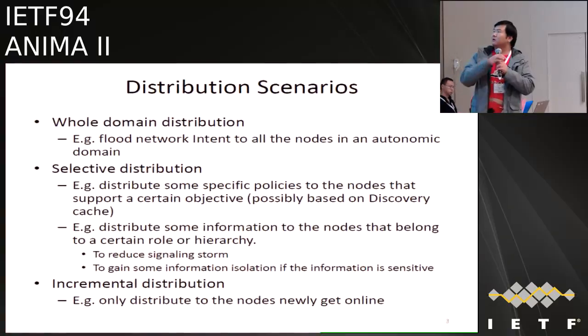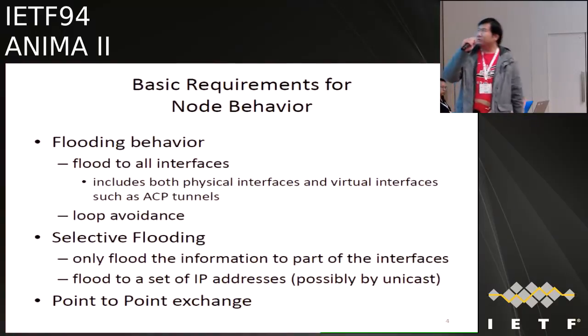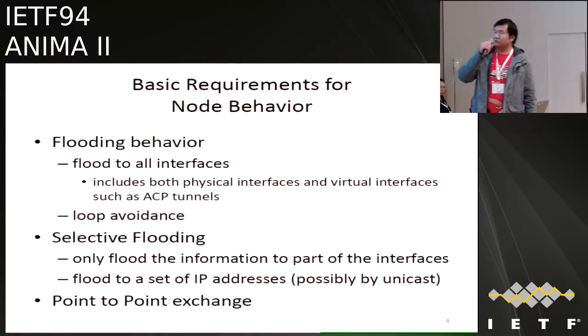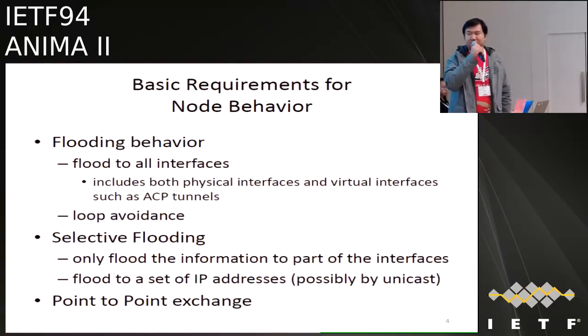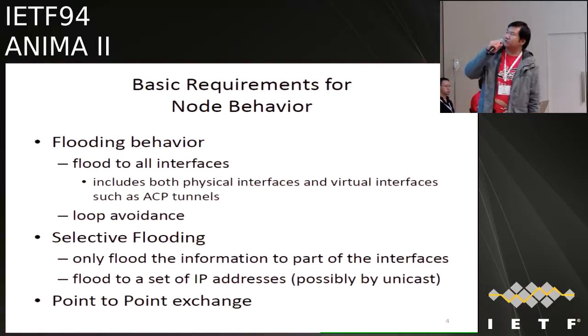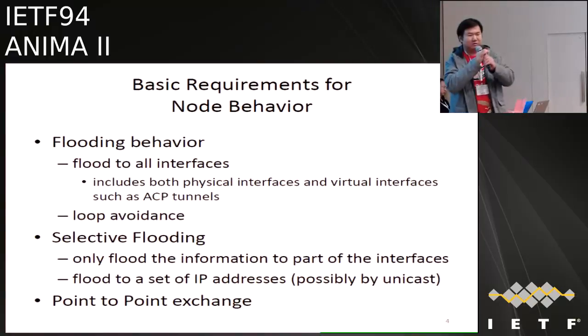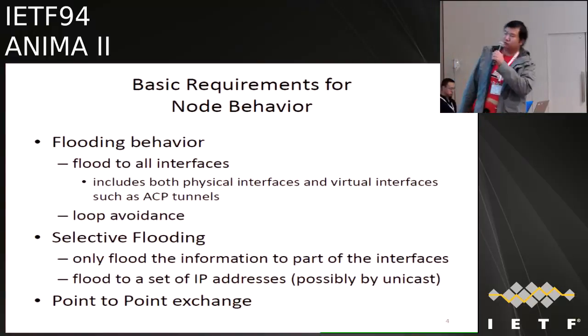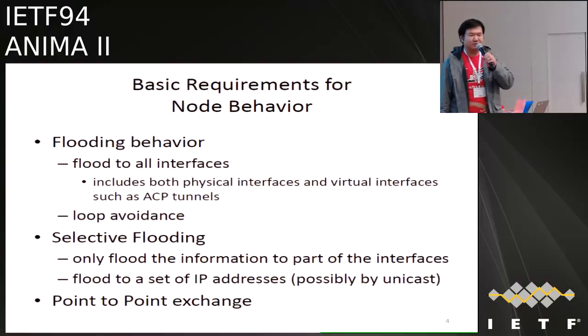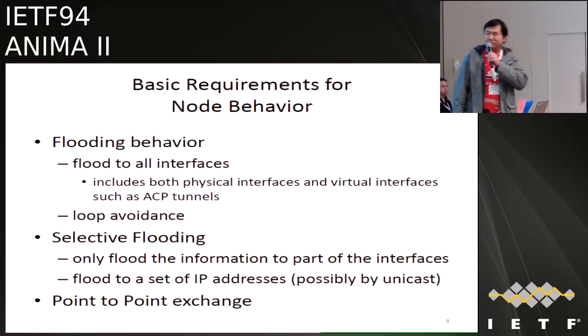Next, please. Okay, this slide shows the basic requirement for autonomic node behavior. It's quite obvious. The nodes should be able to flood the information to all interfaces, including both physical interfaces and the ACP tunnels.